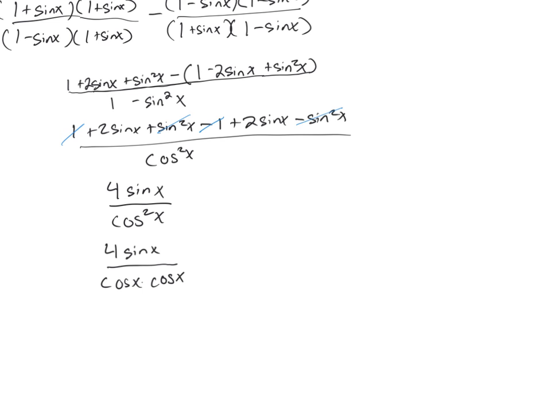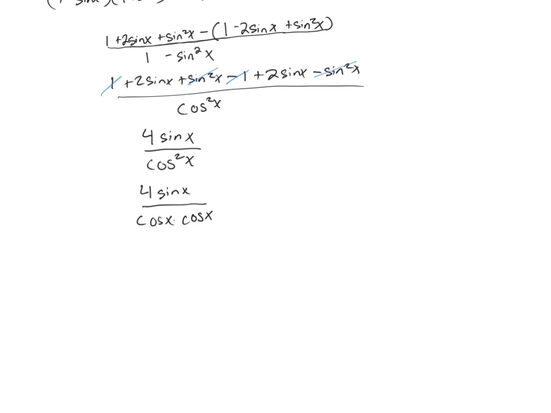Sine of x over cosine of x is the same thing as tangent of x. So this is 4 tangent of x. And then 1 over cosine of x is also the same thing as the secant of x. So this is secant of x.